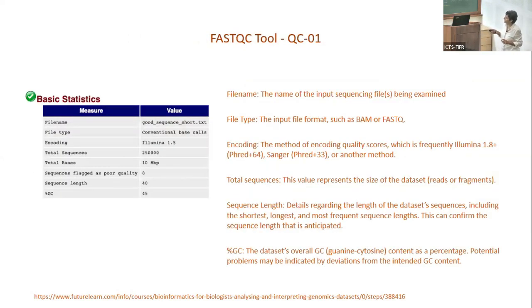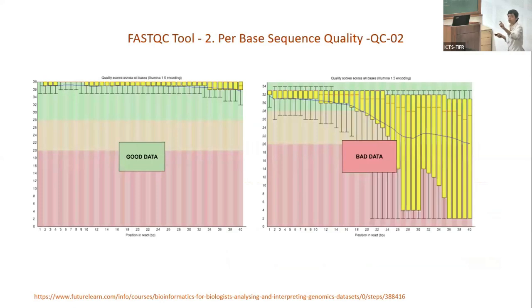Anyway, when you're processing, you're processing millions of such reads, right? So you need to use software to do that. You can't look at each one of them by yourself. So what this is telling you is the percentage GC score, the sequence length, the total number of sequences, the total number of bases, what the file type was, and what the encoding is, because the encoding depends on how the Q was calculated, right?